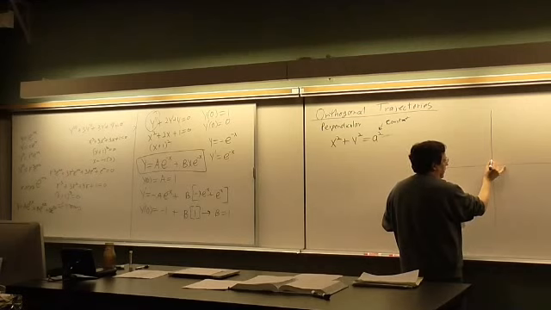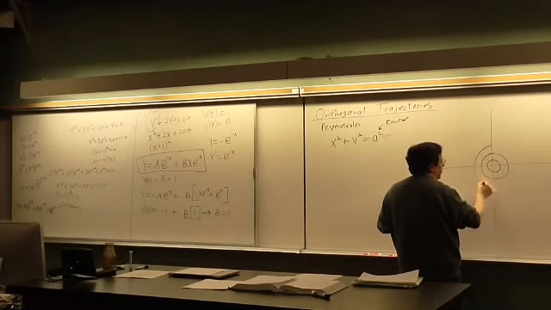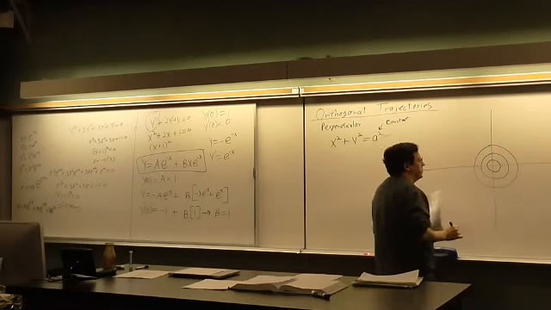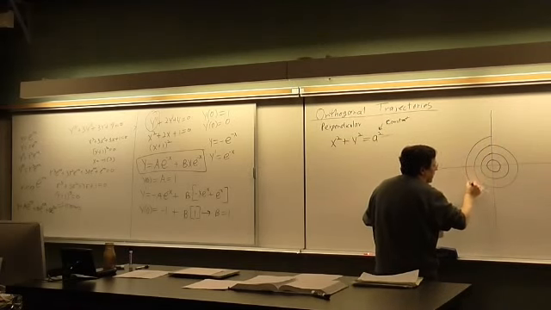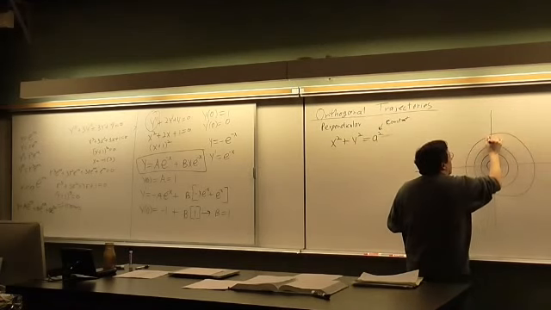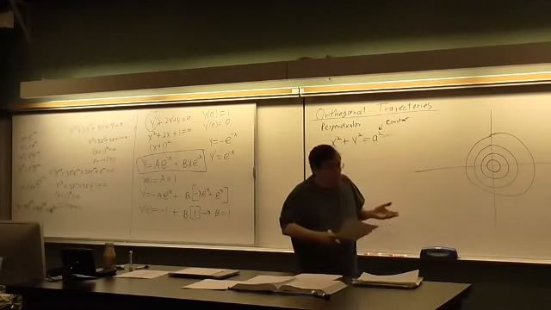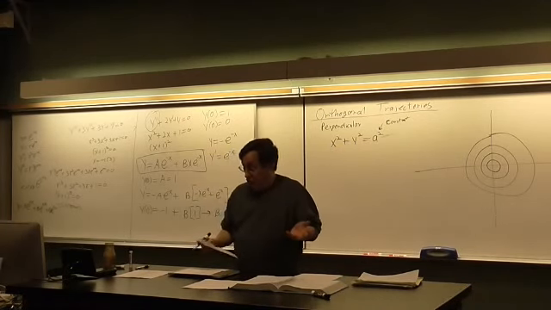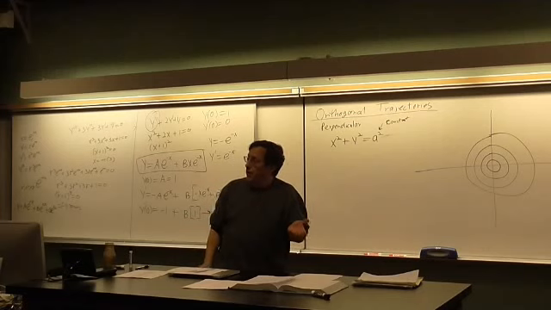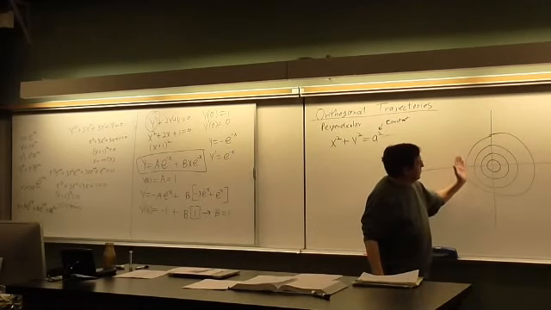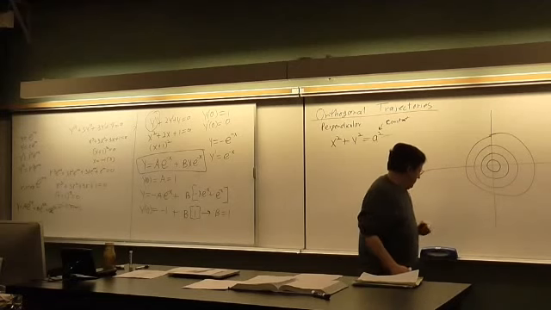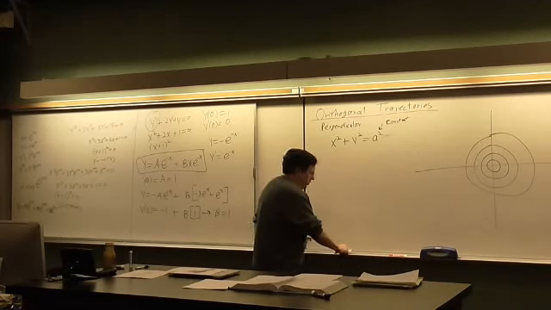In this case, these are circles. They're concentric circles. So the question is, geometrically, what is the family of curves that is always perpendicular to these circles?